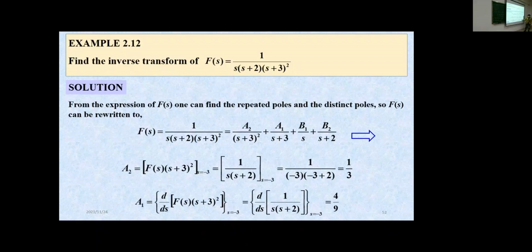It's not required for you to memorize this, just try to know how to do it. But I don't think it's an easy way, because if we have repeated poles of higher order than a square, then you take the derivative twice or more. So it's so complicated to find the solution.